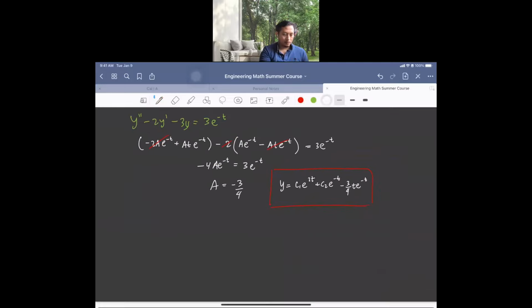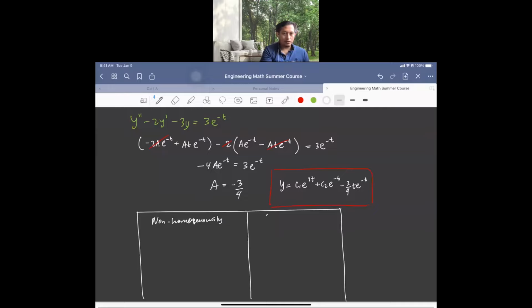Okay, I think I can give you a table of guessing. For the non-homogeneity, the right side one, you guess. So if you have, for example, e^(rt), then you can guess A e^(rt).